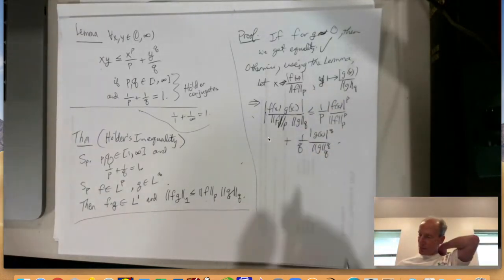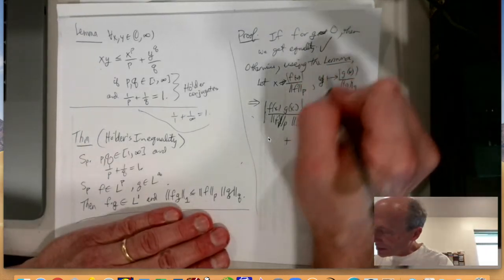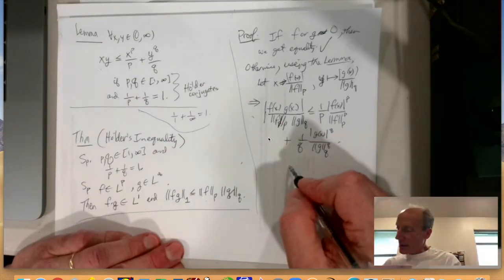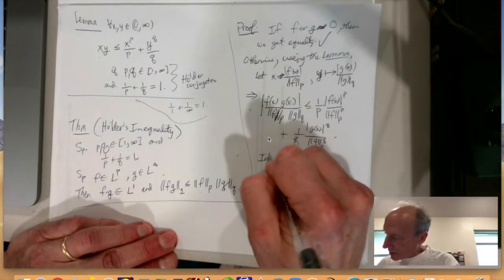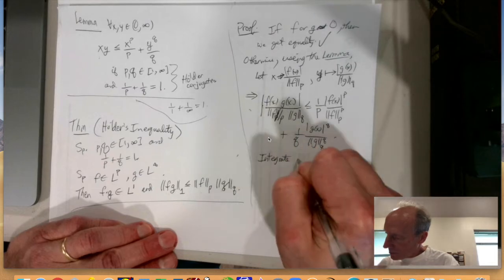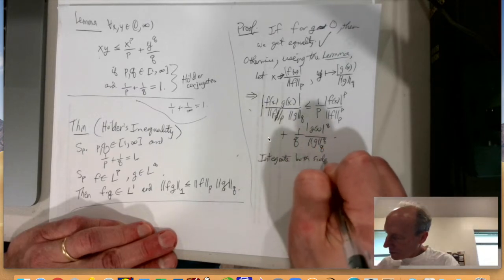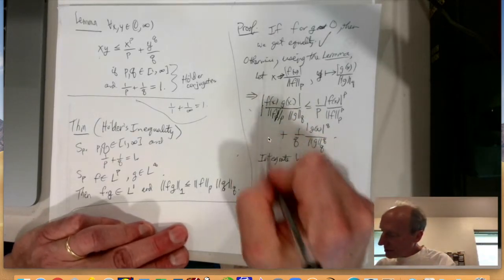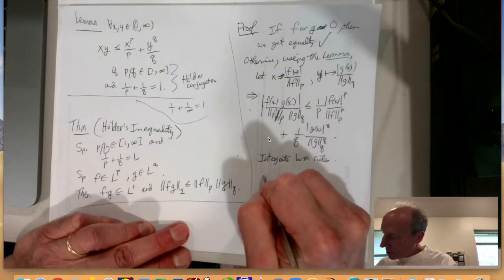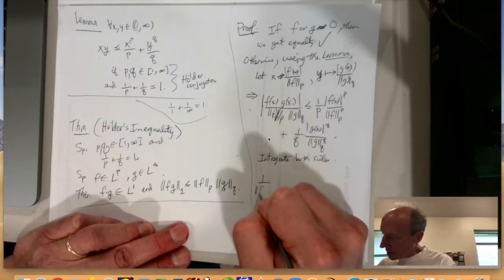Okay, so that's from the lemma, using the lemma. And we get that. Now, integrate both sides. Those are just constants, so I'll pull them out.